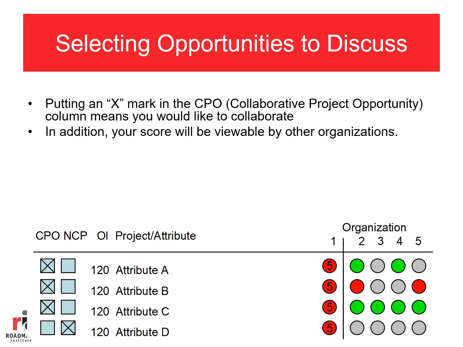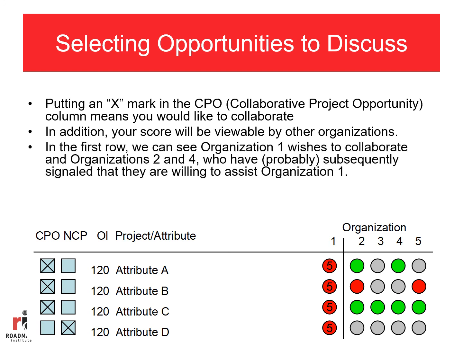However, in this case, looking at row 1, we can see that organization 1 does indeed want to collaborate with other organizations. The reason for that is that they have this burning platform need. They want to start projects related to attribute A within the next 2 years.